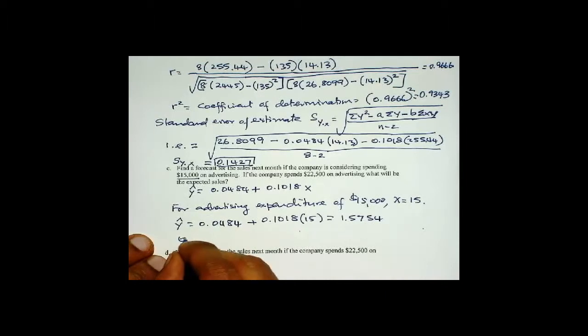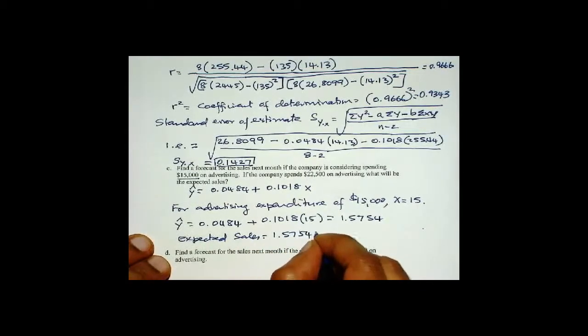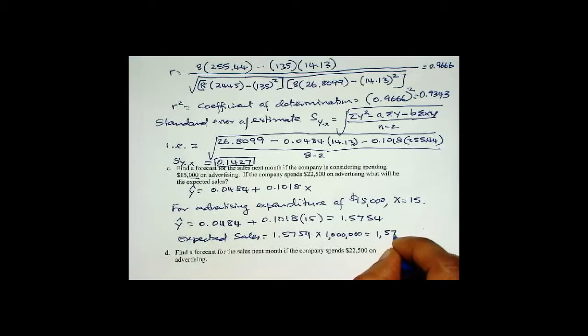So the expected sales is 1.5754 times $1 million. So then you get $1,575,400.